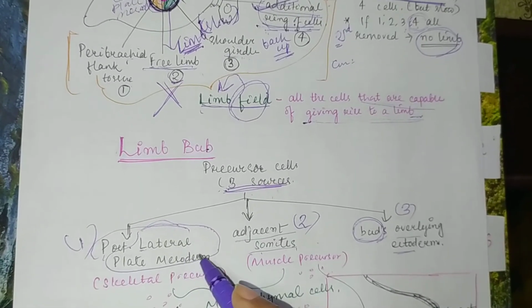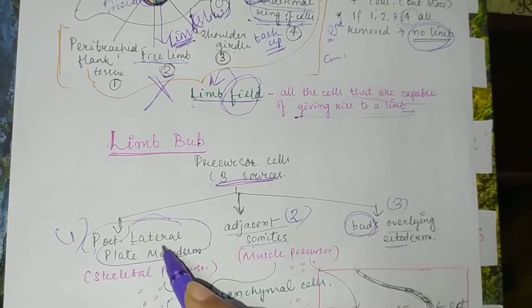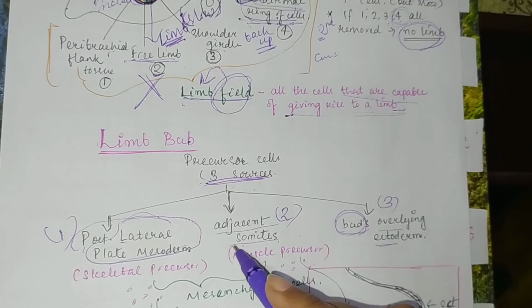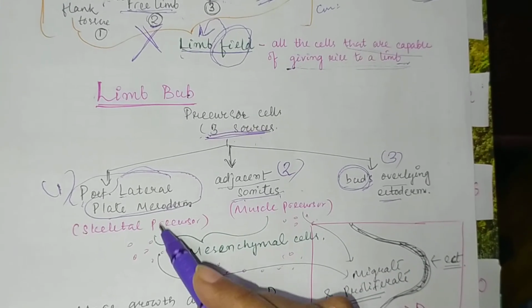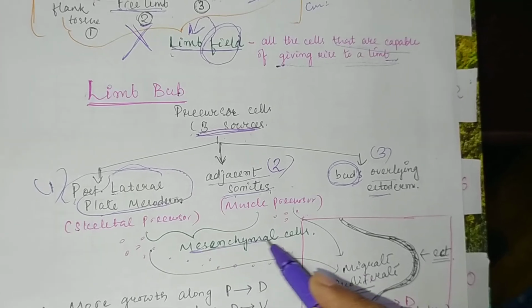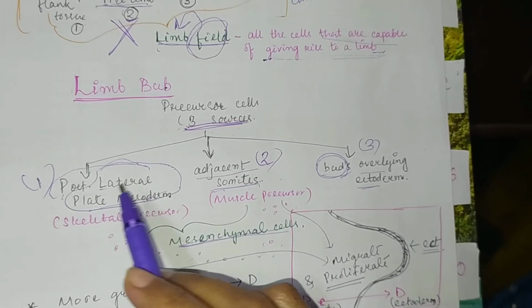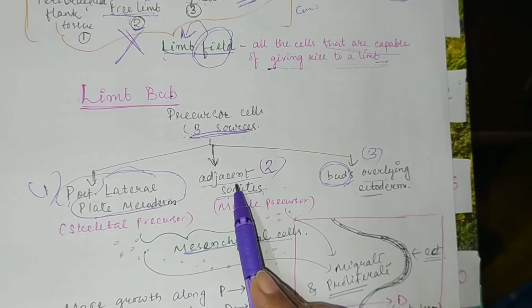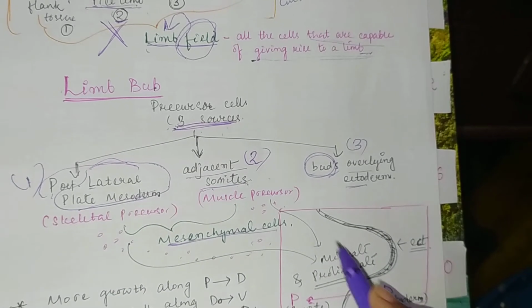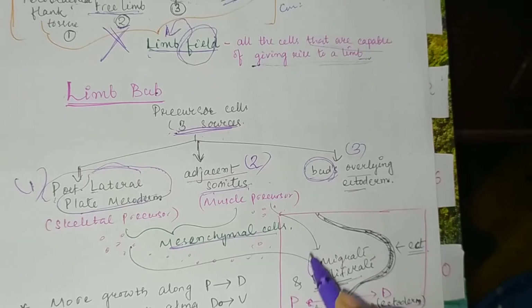Now, these mesodermal cells from the lateral plate mesoderm and from the somites form mesenchymal cells, and they migrate from their respective locations under the limb bud.